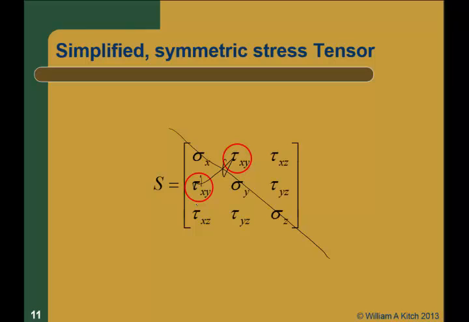So tau yx has to equal tau xy, and tau xz has to equal tau zx. So we don't really have 9 different components in our stress tensor. There's really only 6.